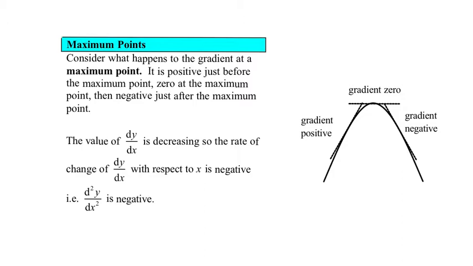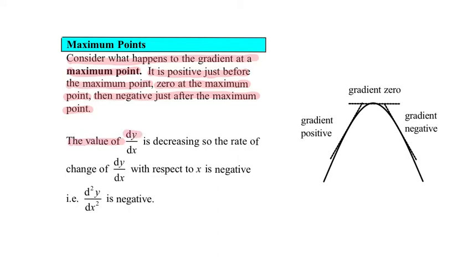Let's take a closer look at maximum points. Consider what happens to the gradient at a maximum point. It is positive just before the maximum point, 0 at the maximum point, then negative just after the maximum point.